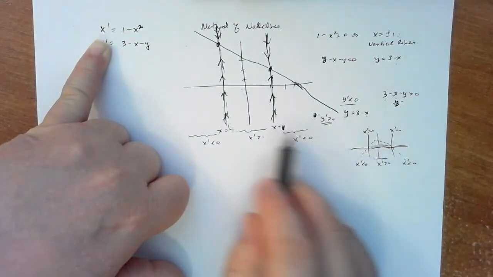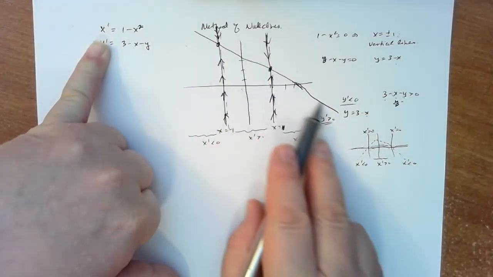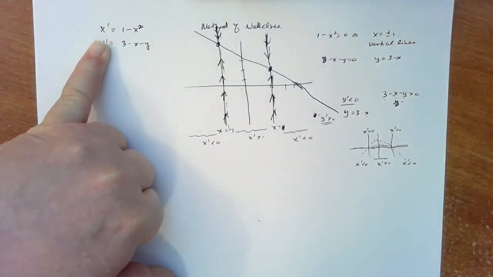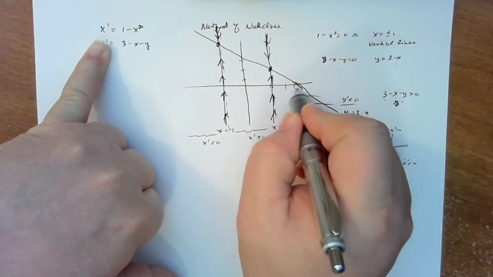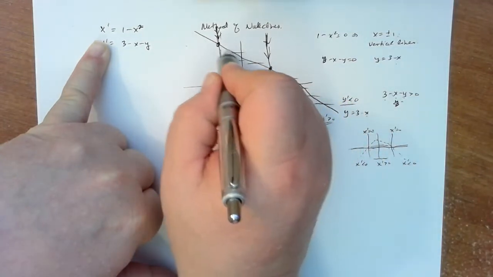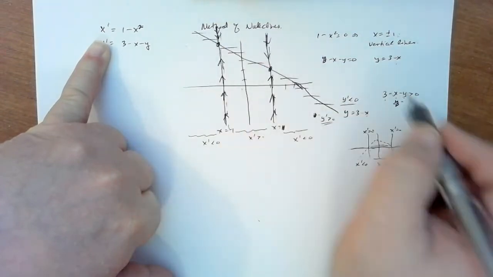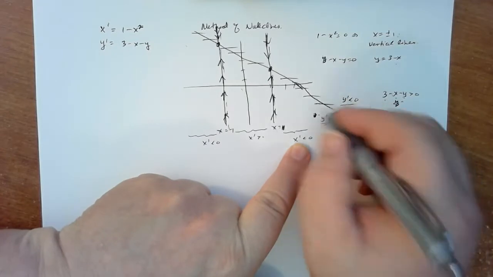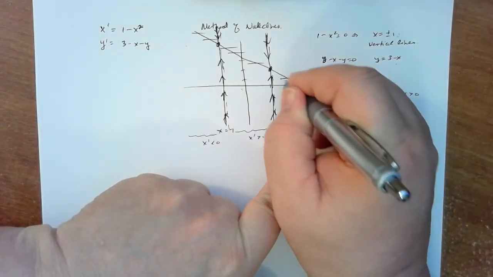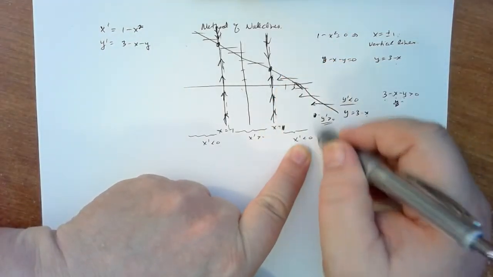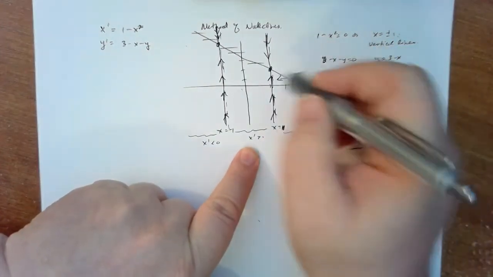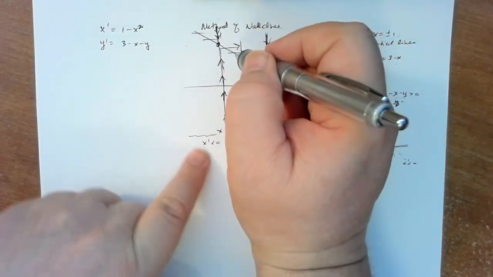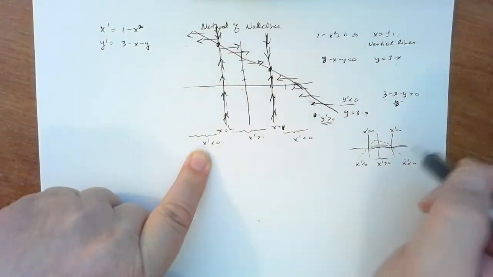Good. And on the line here, y prime is equal to 0, which means that we're just going straight side to side. So we just have to figure out if we're going left or right, and I've already figured that out. So here I'm going left because that's in this region. In this region I'm going to be going right, and then in this region left. Good.